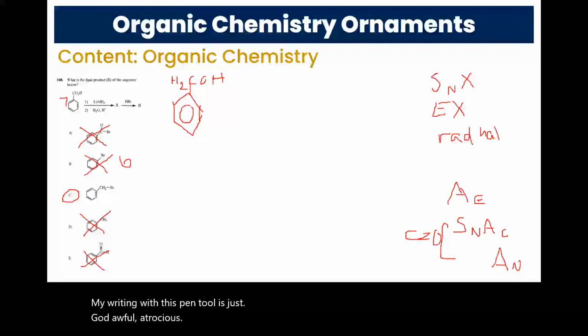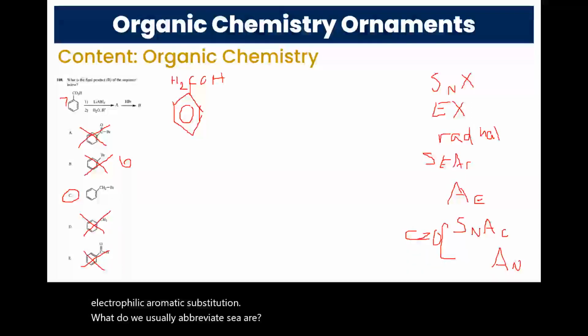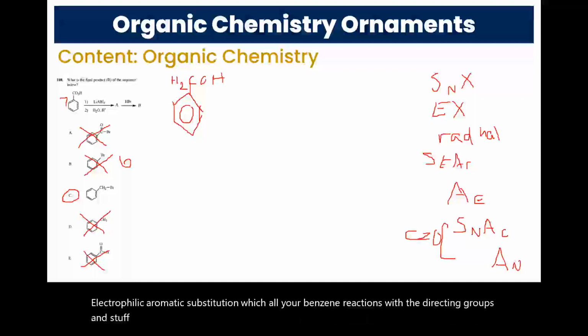And then you've got to know your electrophilic aromatic substitution, what we usually abbreviate SEAr, which are all your benzene reactions with the directing groups and stuff like that. You are expected to remember your directing groups, by the way.